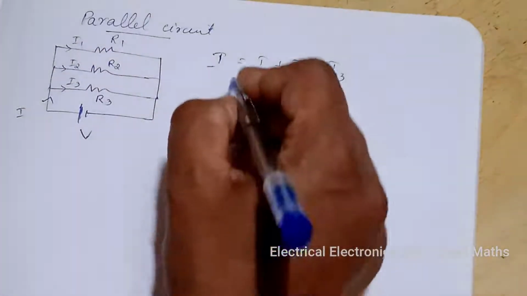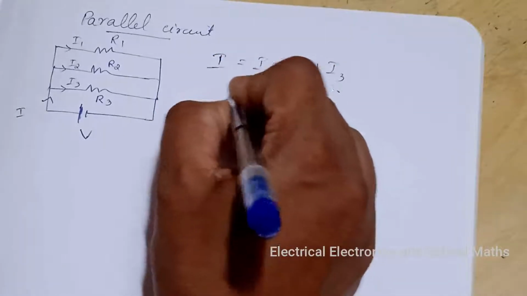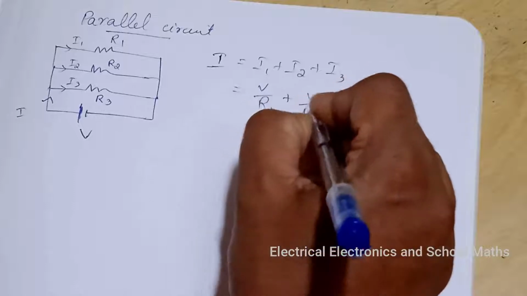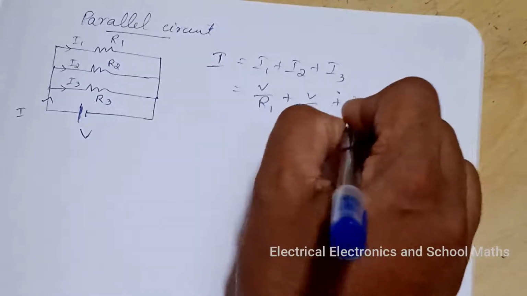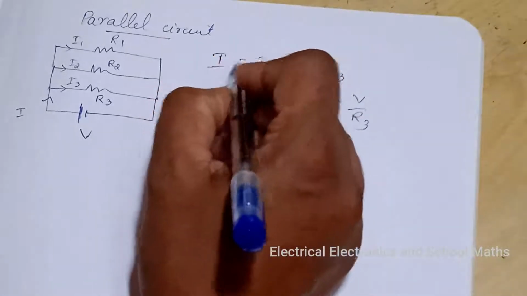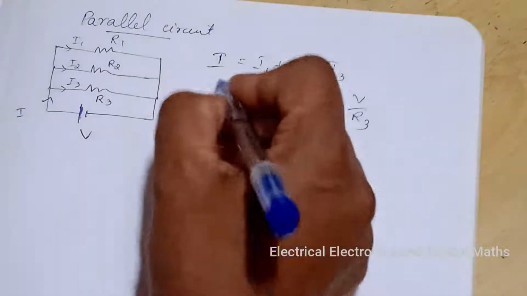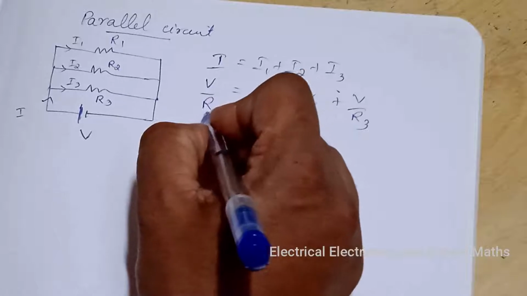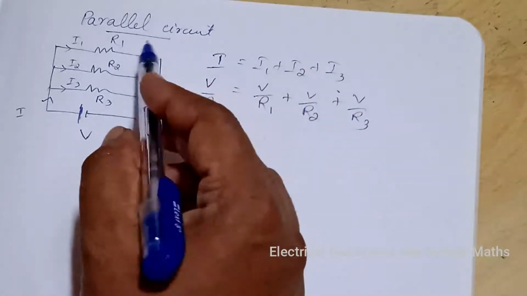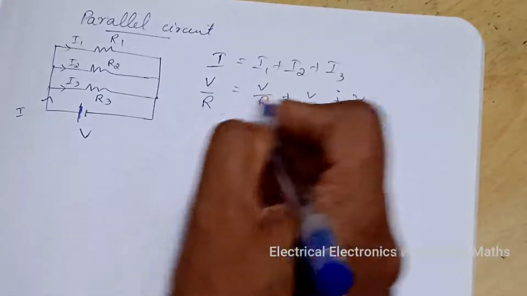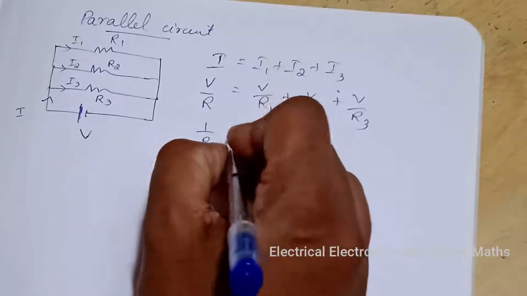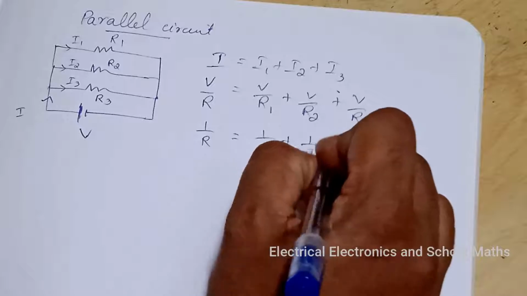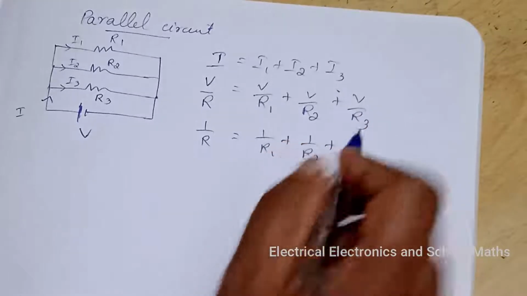So we can write I is equal to V by R1 plus V by R2 plus V by R3, and the total current I is nothing but V by R, where R is the effective resistance of the parallel circuit, and we can write 1 by R is equal to 1 by R1 plus 1 by R2 plus 1 by R3.